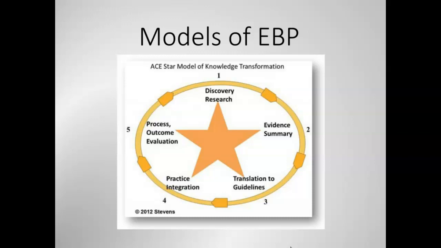And then evidence summary. So you're going to look at all the literature that's already out there. And then you're going to go in, look at the guidelines. So what do the guidelines say currently for you? And then you're going to try to put the new information into practice. So practice integration. And then you're going to measure the outcomes. Did it improve patient care? And so really you could jump on this in your project anywhere on the 1 through 5 area, but it's designed if you have nothing started to start with number 1.